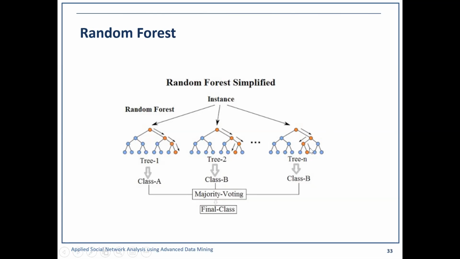Each one gives its classification, and then we need something to aggregate their classification. For example, majority voting. So I take the result from each one of the 10 trees, and I go with the majority as my final classification. Okay, and as we know from literature, but also from practical experience, random forest is a very powerful technique.